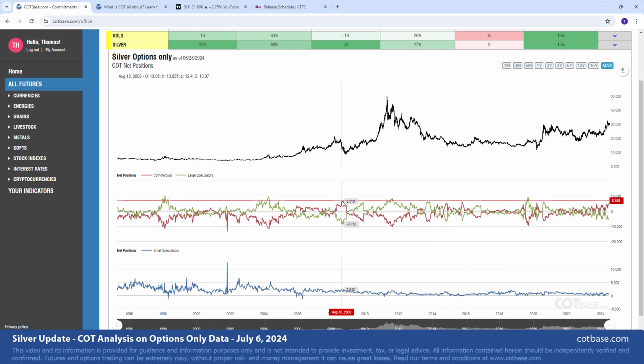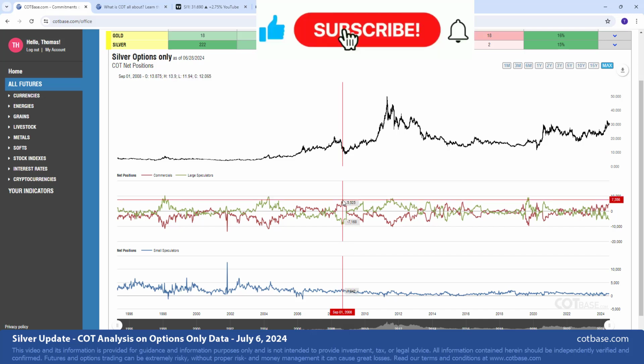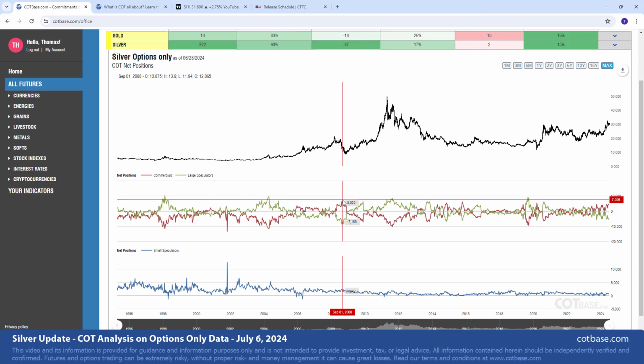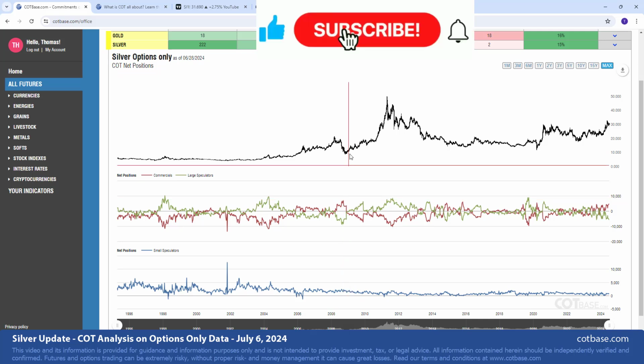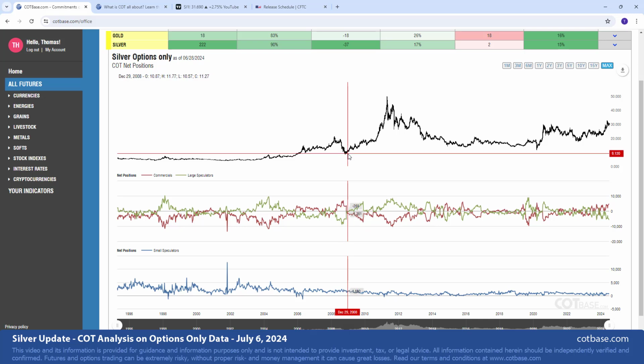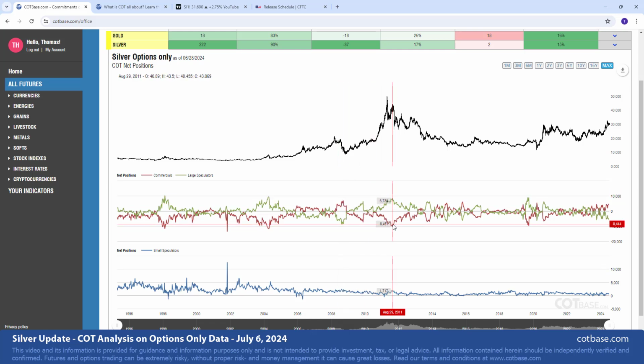And you can see the most bullish extreme where commercials were at their biggest net long level, so about 7,500 contracts net long. That was just before we reached this bottom in December of 2008. Okay? The opposite is also true.